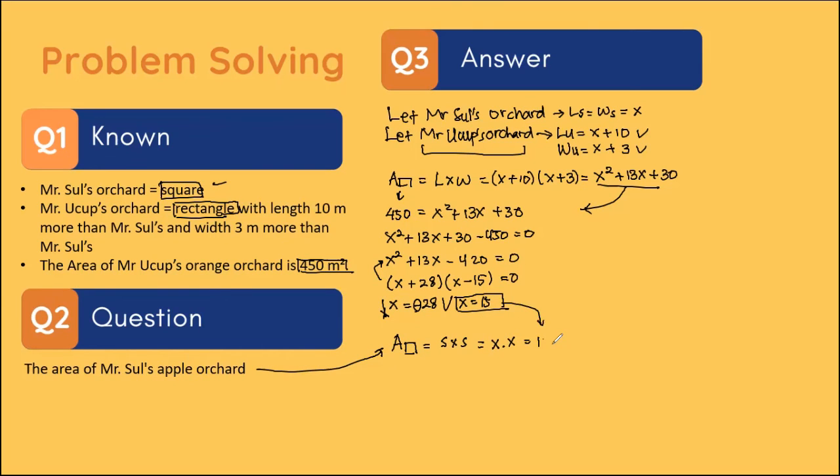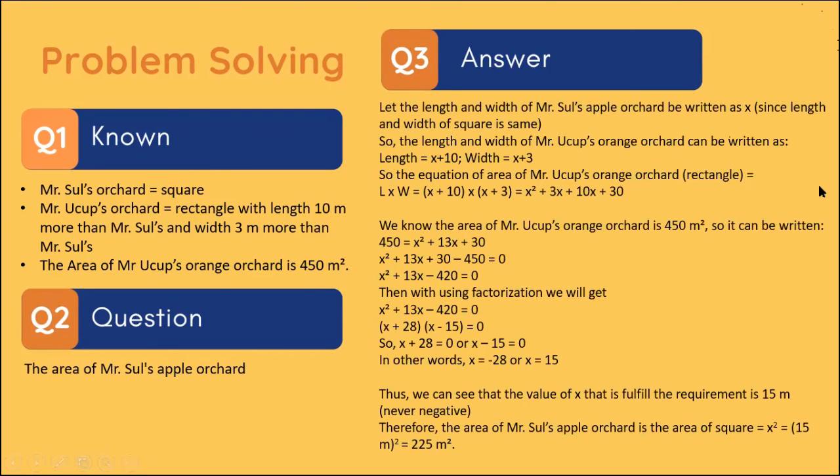So 15 times 15 will be equal to 225. This is the area of Mr. Soal's apple orchard. And to make the reader understand, we can write the answer completely like this. You can pause this video to see the complete answer so the reader will understand better.